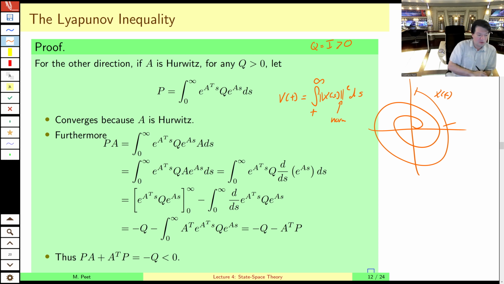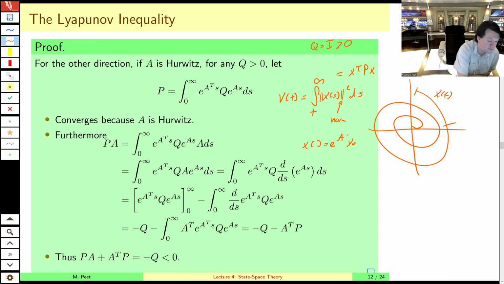So this is a pretty straightforward looking Lyapunov function. It's just the line left. But how do we get from there to x transpose Px? Well, in linear systems, we have this very nice property that x of t is e to the A t x naught. And so we'll just replace t here with s.